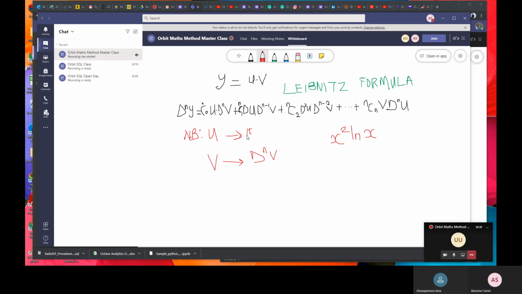Then your v should be something that you can find the general derivative of. So for an illustration, in this case, my u is going to be x squared, because if I keep differentiating x squared, I'm going to get 0 at some point. And ln x is something I can find the general term of. We already found the general term of ln x in the previous case. Do you understand? Okay.